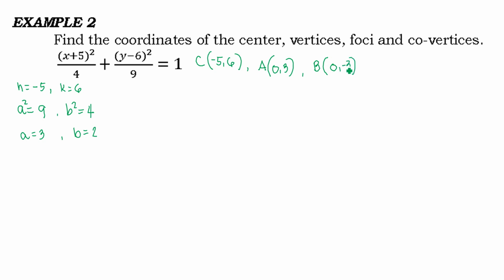Now, the foci, okay, katulad kanina, we have c squared is equal to a squared minus b squared. So substitute, then we have 9 minus 4. 9 minus 4 is equal to 5. Extract the principal root, then we have c equals the square root of 5.